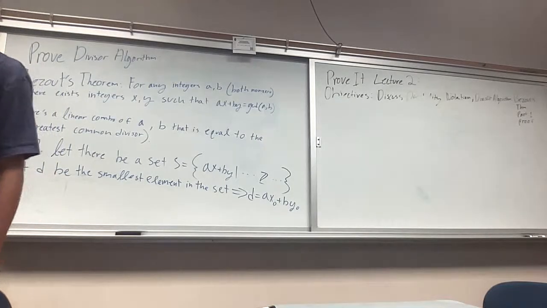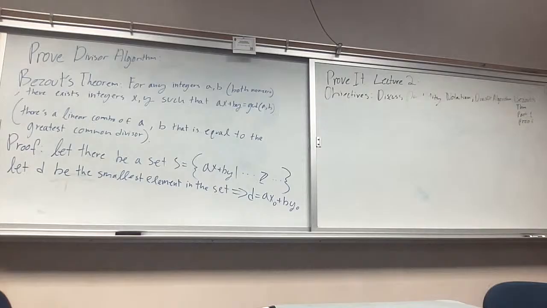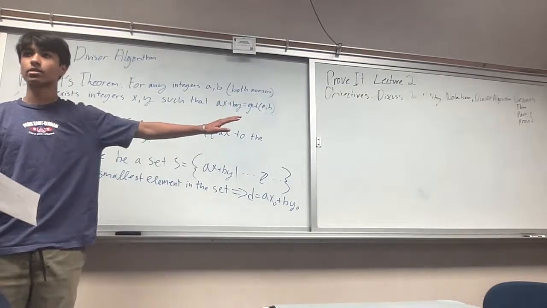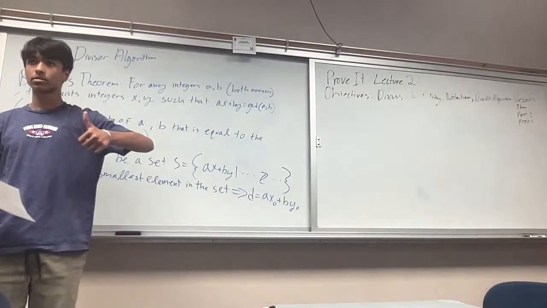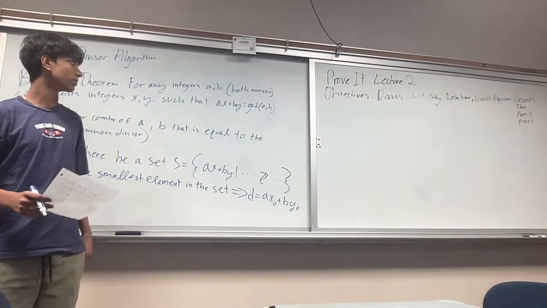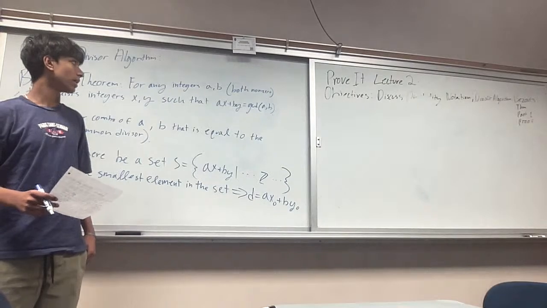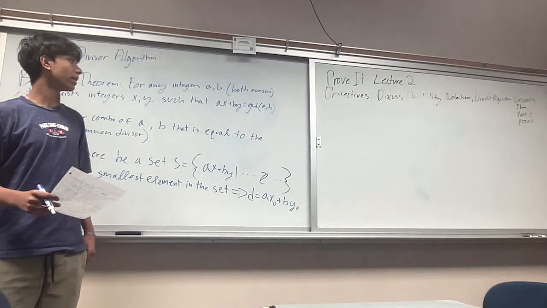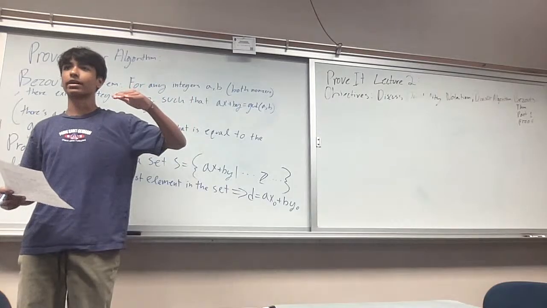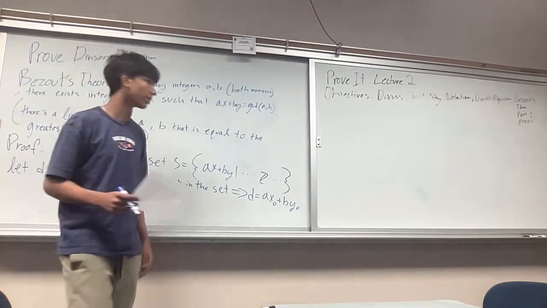So how could it be a value greater than a? No, D is not the divisor. D is just the smallest one. Wouldn't ax plus by be greater than a and b? It's not x and not y. They are integers, so they can always be like -2. It can also be negative.